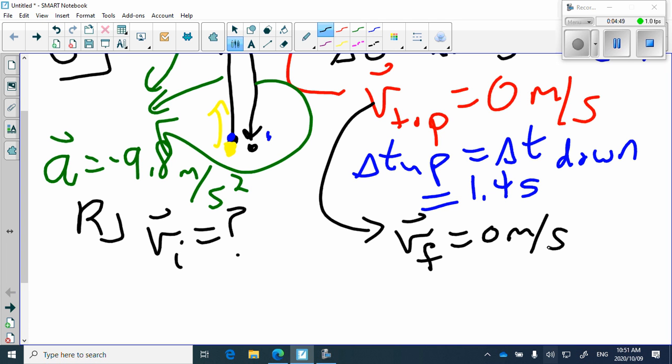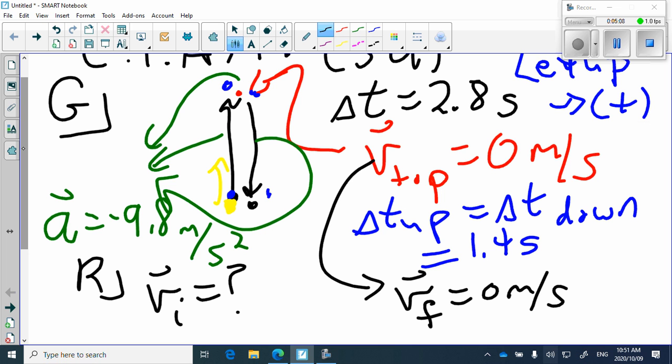So really, to help you solve this problem, I split it into two, haven't I? Motion upward, and then motion downward. So here's the question you have to ask yourself.